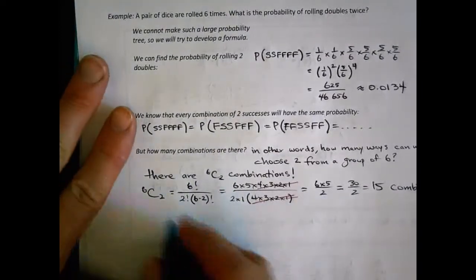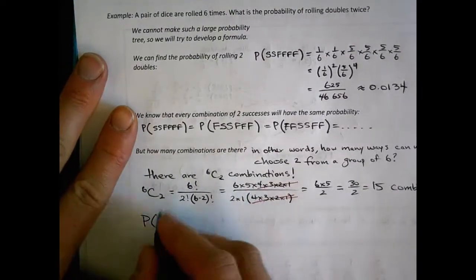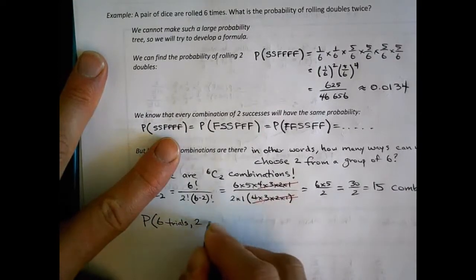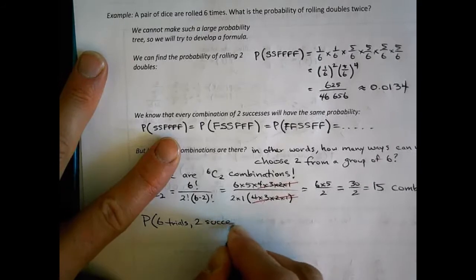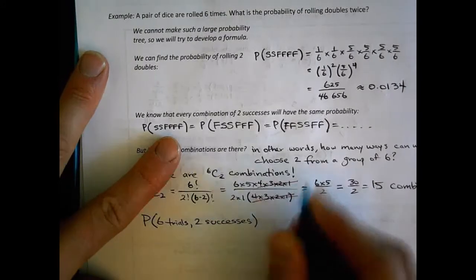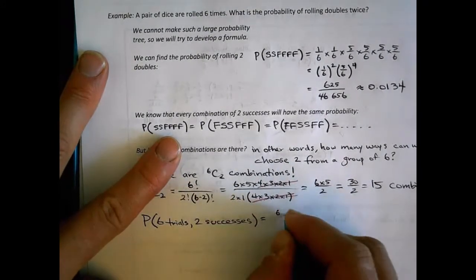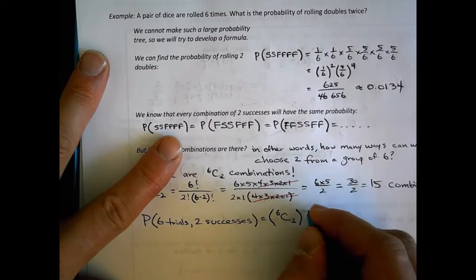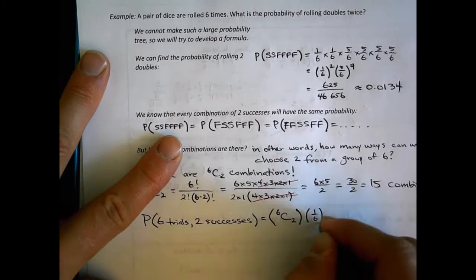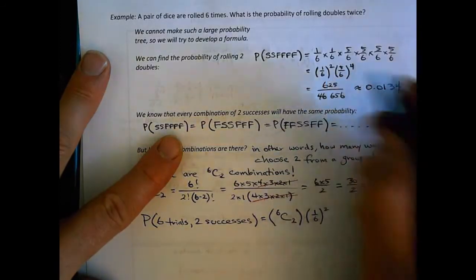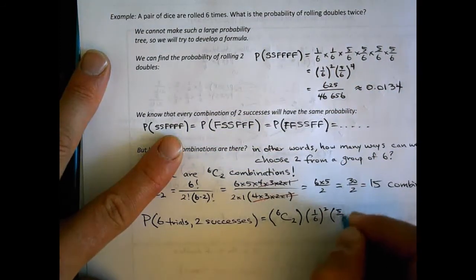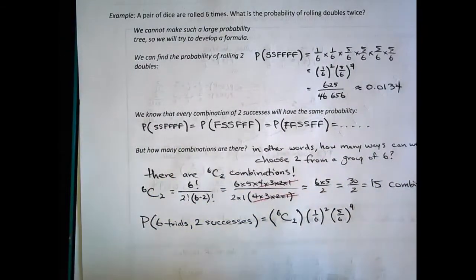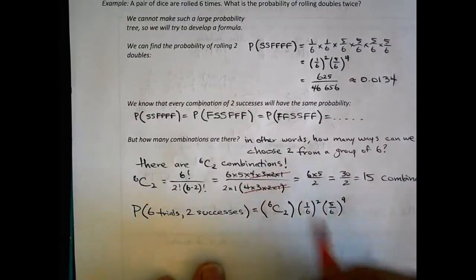So let's just develop this as a formula. The probability of 6 trials, 2 successes is 6 choose 2 times 1 over 6 to the power of 2, that's from up here, times 5 over 6 to the power of 4. So you can see how we're kind of developing the formula here.